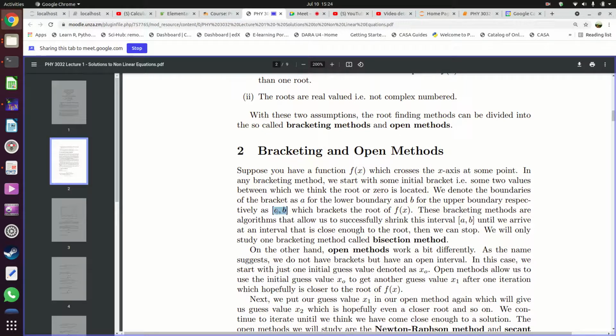Once we write this, we convince ourselves that in between a and b there is a root of this particular function. The function f of x cuts the x-axis somewhere in between a and b. If it doesn't cut the x-axis in between a and b, then it's not possible for you to find the answer. Are we clear?